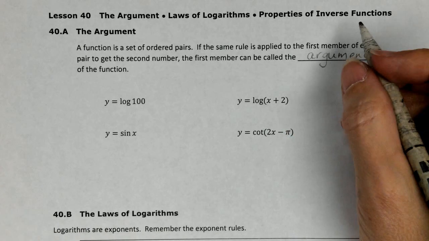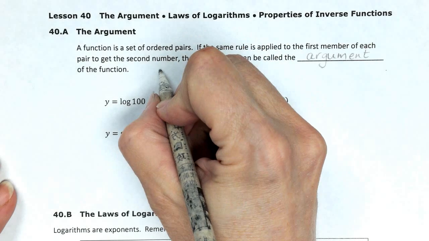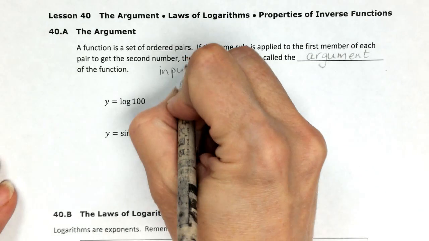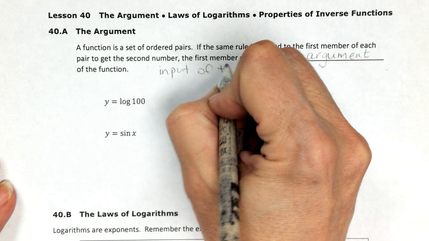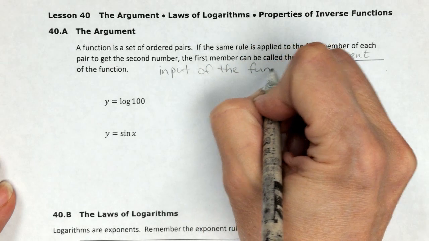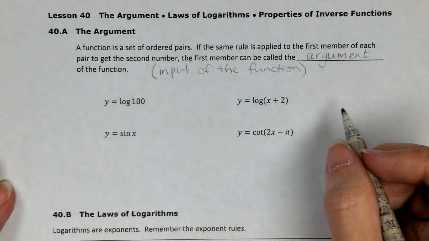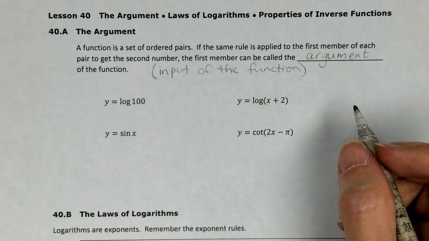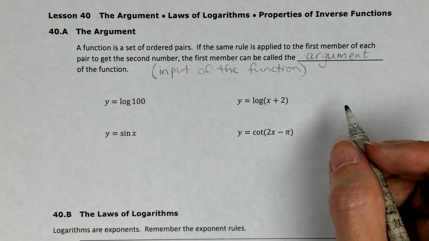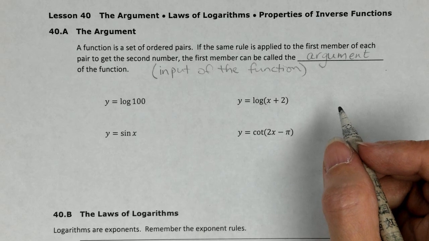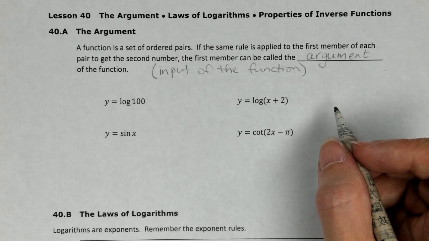So it's the input of the function, what you're putting in. Okay, so when we talk about f of x, x is the input, is the argument.